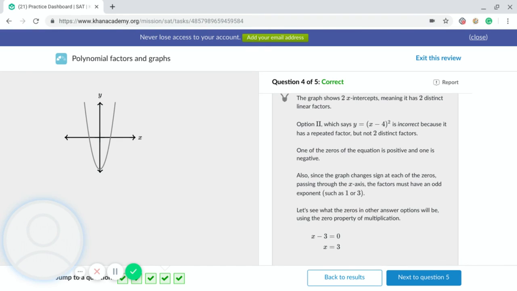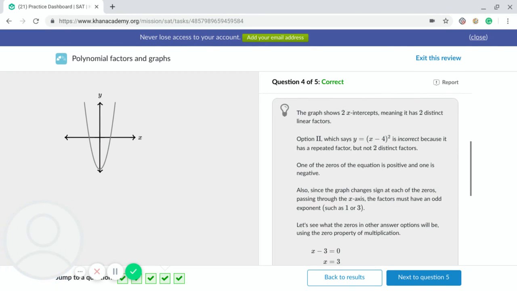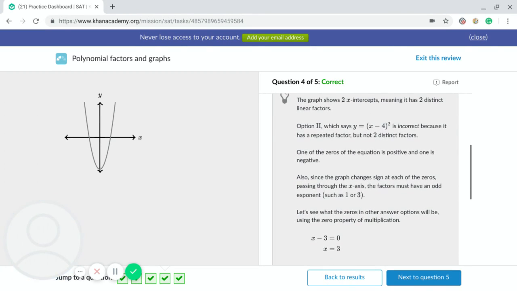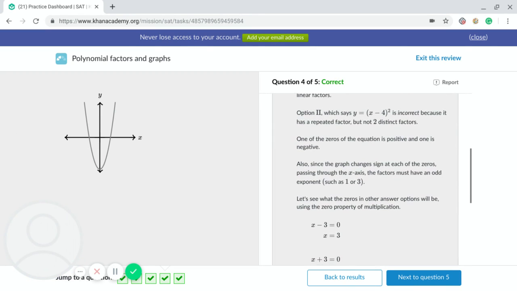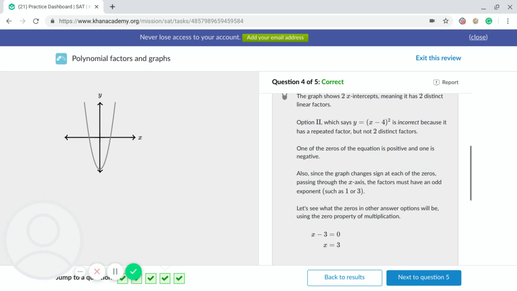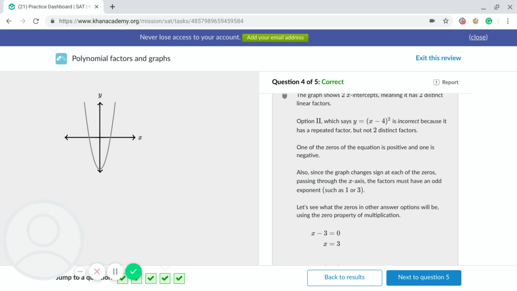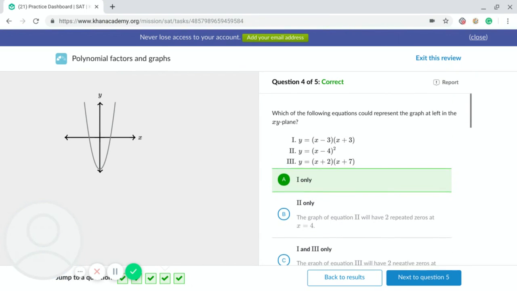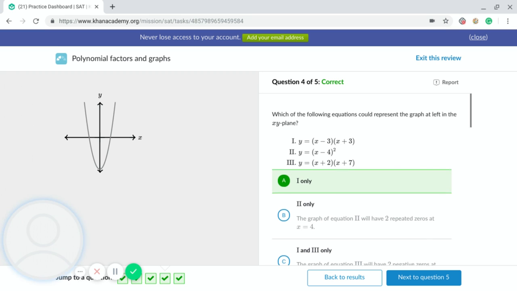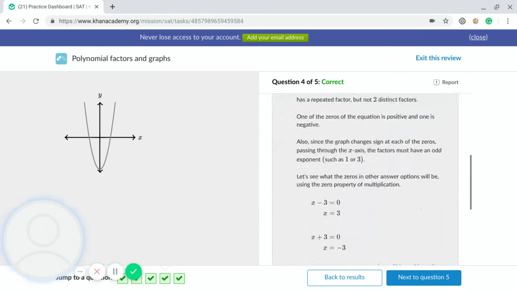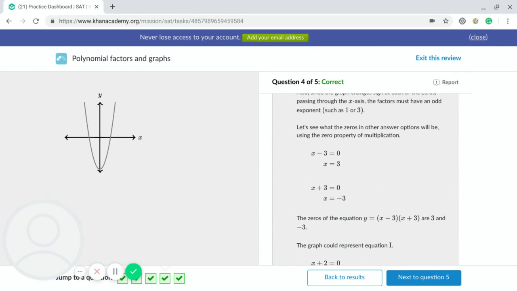Oh, makes more sense once again. Also, since the graph changes sign at each of the zeros, passing through the x-axis, the factors must also have an odd exponent, as 1 or 3. Ours doesn't really have any exponent, but anyway, or the one that is the right one.